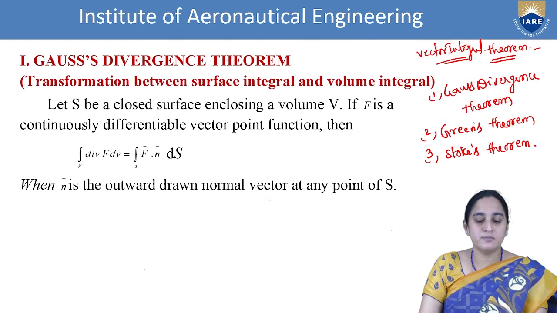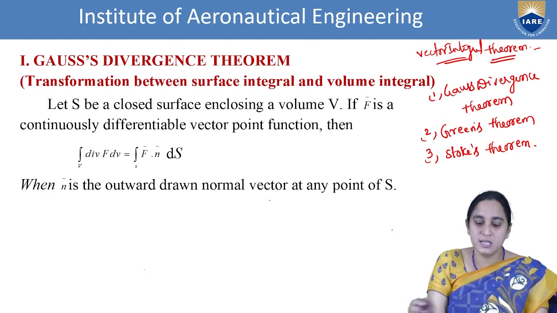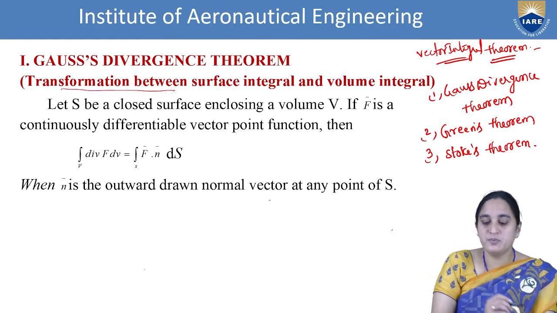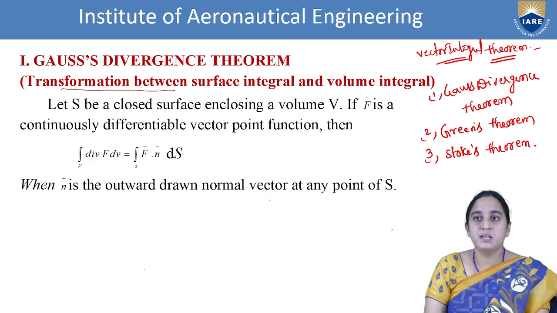What is the use of the Gauss divergence theorem? Transformation between surface integral and volume integral. What is surface integral? Double integral form. And what is volume integral? Triple integral form.